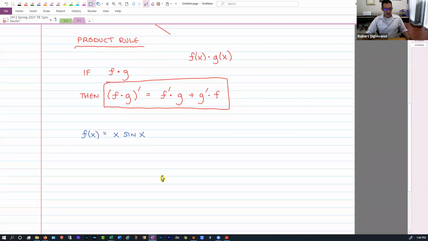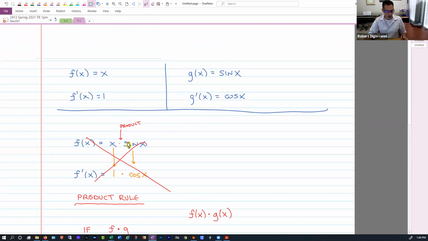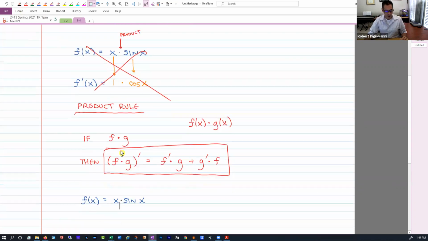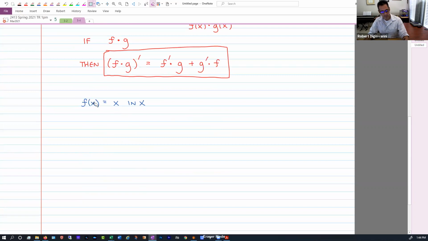Okay, so we need to try and find what the derivative of this is, all right? So the first thing you need to notice here is that you have a product, okay, everyone? You have a product right there. You have to see that. Now, in the original question, I did put a dot there, but the way I'm presenting this right now, I'm not going to put the dot there, because I want everyone to understand that that is implied multiplication here.